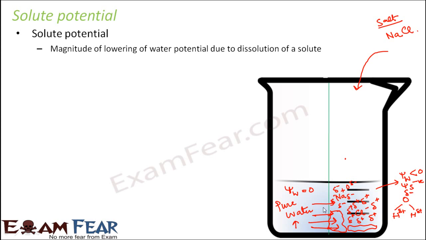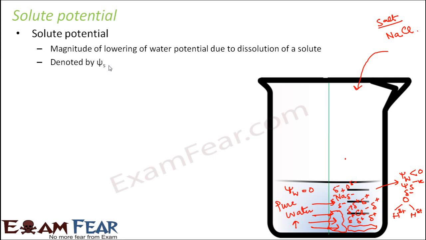The moment you add a solute to pure water, the water potential decreases. That is because the solute dissociates into its ions, and as a result most of the water is attracted to the ions. So only very few free water molecules are present. Therefore, the kinetic energy reduces, and so the water potential also reduces.